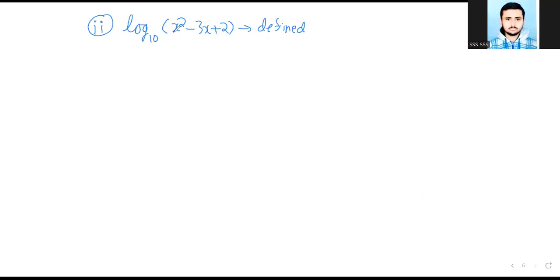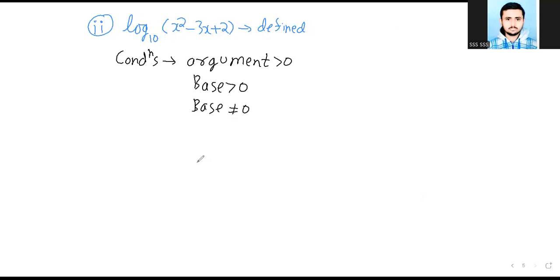So let's check with the argument and the base. Apologies, so the conditions were: argument is positive, base is positive, and base is not equal to 1.